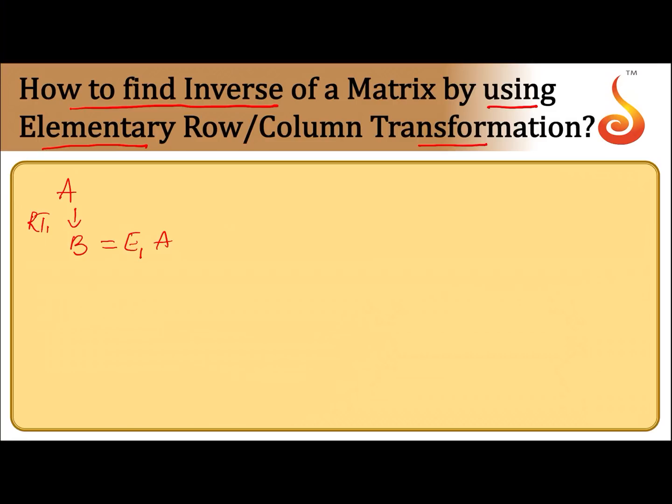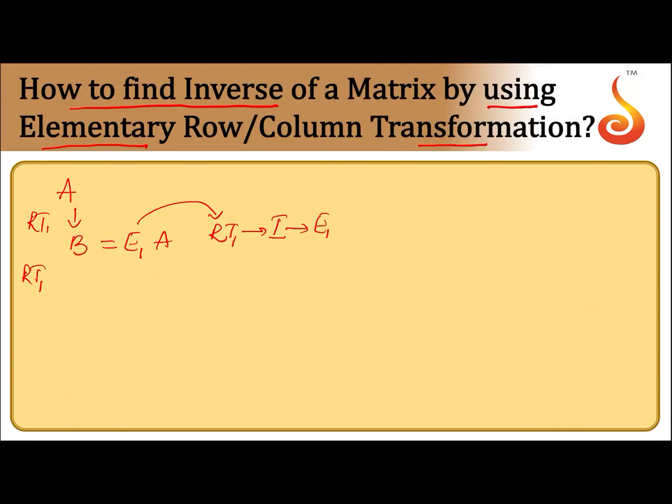That E1 is nothing but a matrix obtained by applying the same row transformation on the unit matrix. We get the elementary matrix that we pre-multiply.